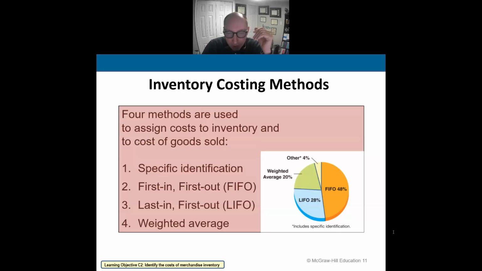Let me think about examples of ones that use weighted average. There's probably a couple of retailers that sell a combination of different products that use weighted average. Again, about 20% of companies use it. Not as common.